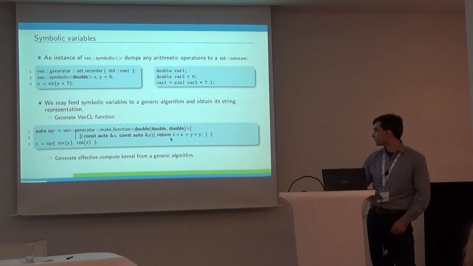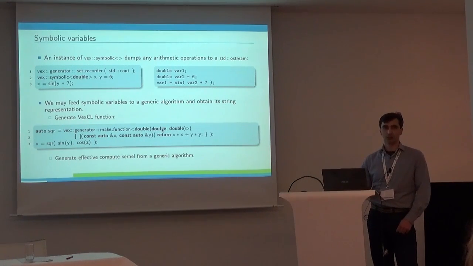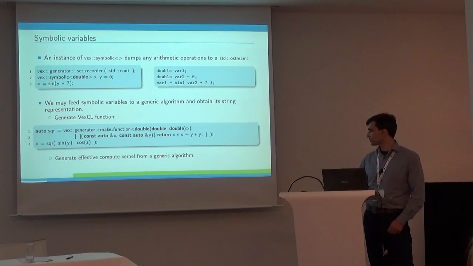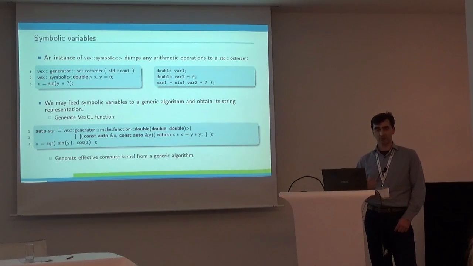So it's symbolic double and symbolic double. We call this functor with these types, and it will record this operation, and then we generate a function out of it. But this is a very simple example, but you can do some interesting stuff with this.